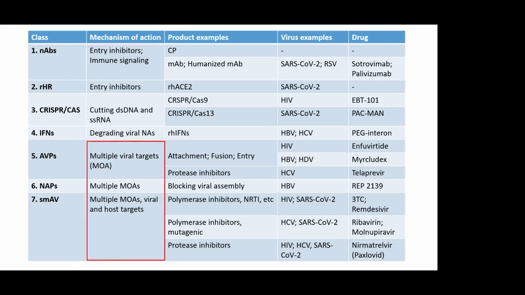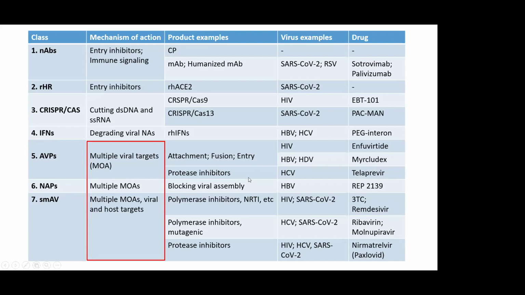So that is very specific, very well described function or mode of action. But the antiviral peptides, the nucleic acid polymers, and the small molecule antivirals can target different stages in the replication. So, for example, look at this number 5, the antiviral peptides. They can block the attachment, like Myrcludex, that has been approved a couple of years ago, for hepatitis B and Delta virus.